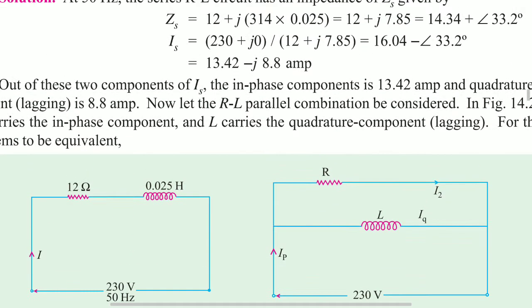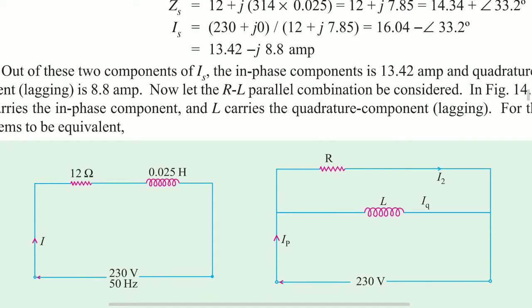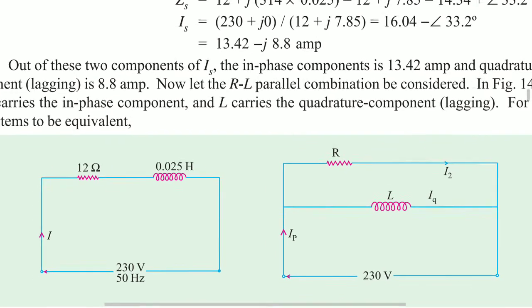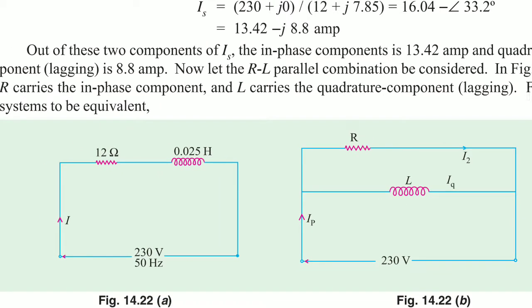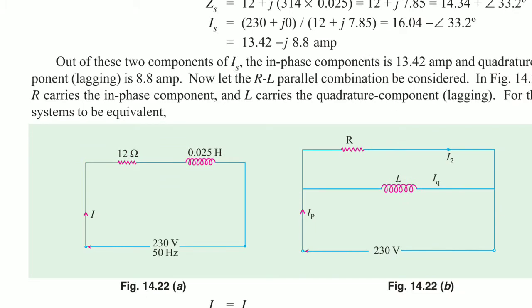Here the supply current Is is 13.42 minus j8.8 amps. So carefully observe this one. Very important.